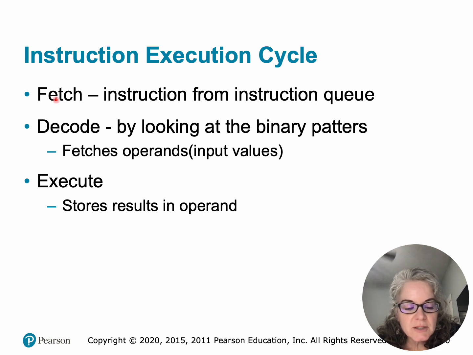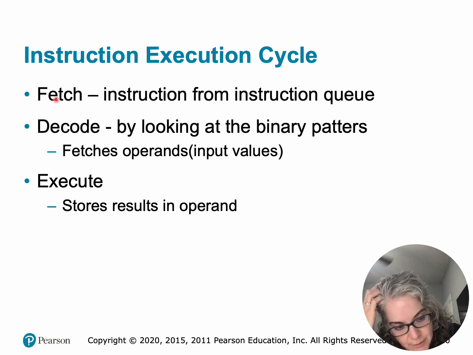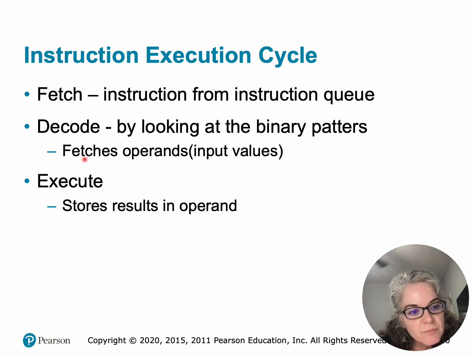If the instruction is to store a value, then it's going to store. So this step happens only if you have input values, and this step happens only if your program is storing something. The main steps of the instruction execution cycle are to fetch, decode, and then execute.